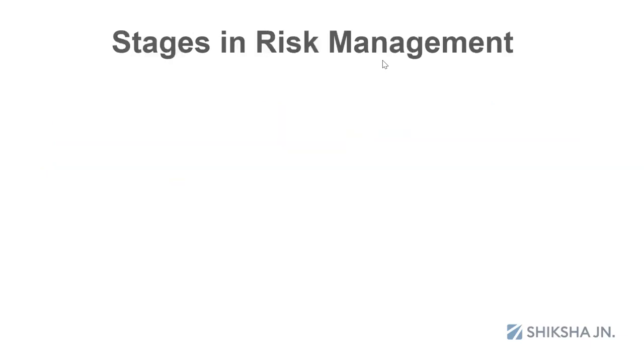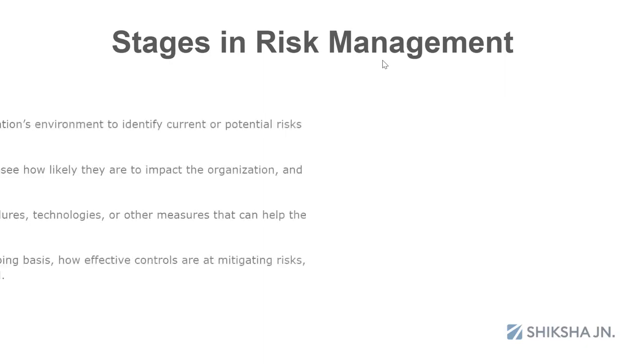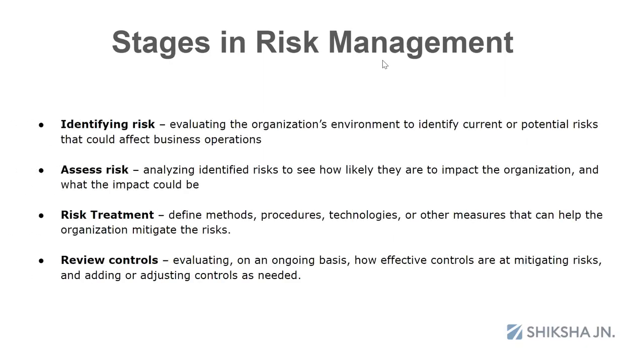Okay. Next thing, the stages in risk management. There are four different stages, as I said. First is identification of a risk. As an example, we can take a platform, a laptop or a server. In that server, there are vulnerabilities which we have identified.